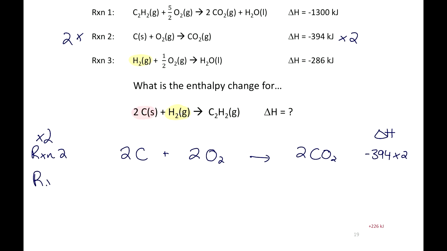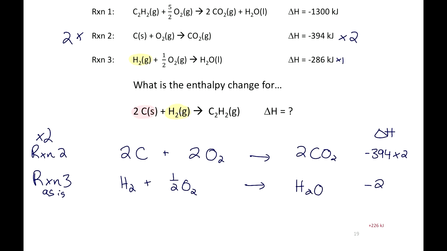So we just rewrite reaction 3 as is. I'll even write as is to remind myself, oh, I don't have to do anything to delta H. So just times 1, I guess. So I'm just going to rewrite it. A hydrogen plus half an oxygen gives us a water. All right, so that delta H is as is, so negative 286.